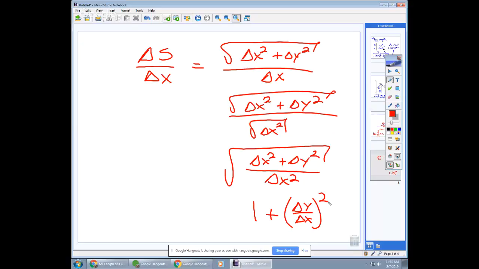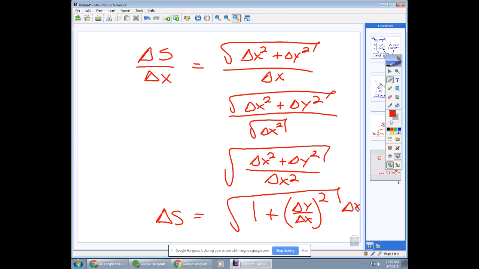So it turns out this is the approximate rate of change of the arc length. Now, if we do a little differential algebra, then we can just bring that delta x over to the other side. What is this starting to look like? An integrand, right?